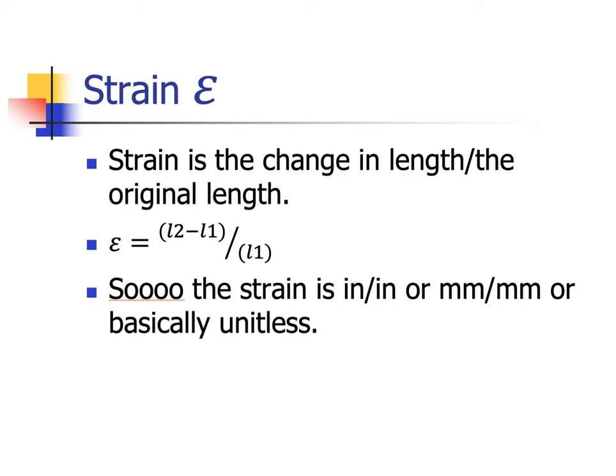So if it elongates a few thousandths of an inch over 1 inch, let's say it's 3 thousandths, it'd be 3 thousandths of an inch per inch. Now, the crazy thing is, if you have inches over inches or millimeters over millimeters, the units cancel out. But I like to say inches per inch because it reminds me of what it actually is doing.